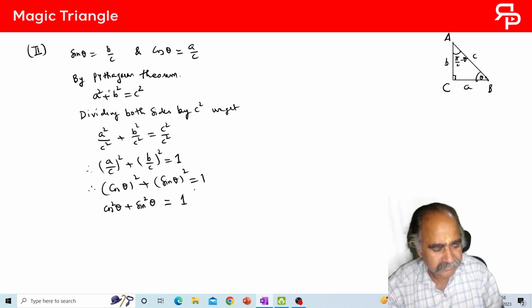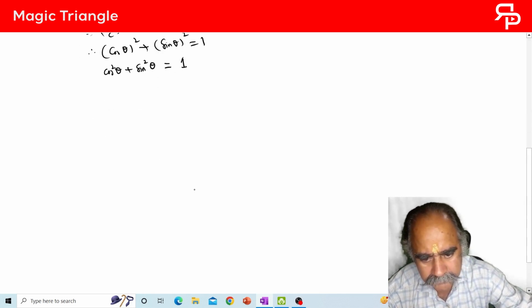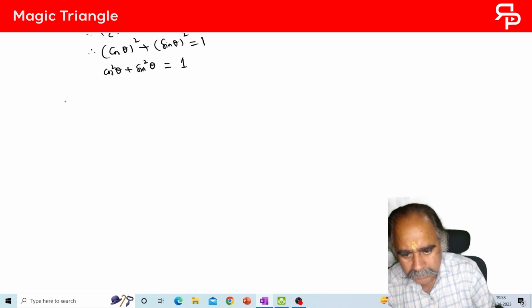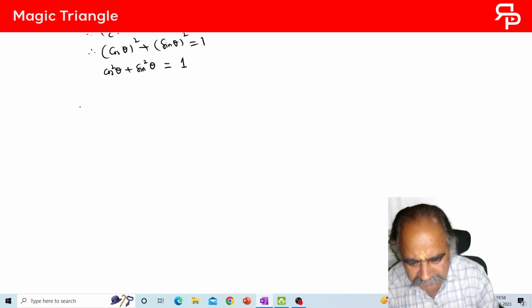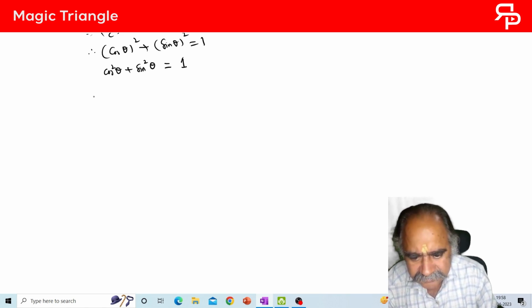This is the first trigonometric identity. The second trigonometric identity is like this.